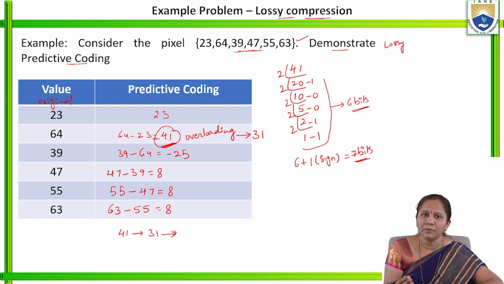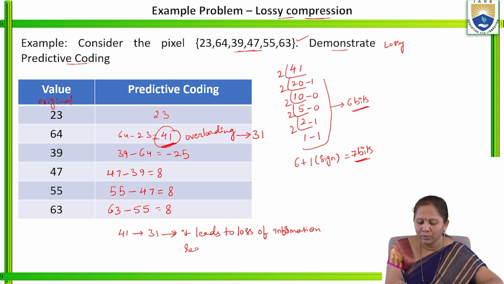So we can tell that we have reduced 41 to 31, which automatically leads to loss of information due to the reduced number of bits.